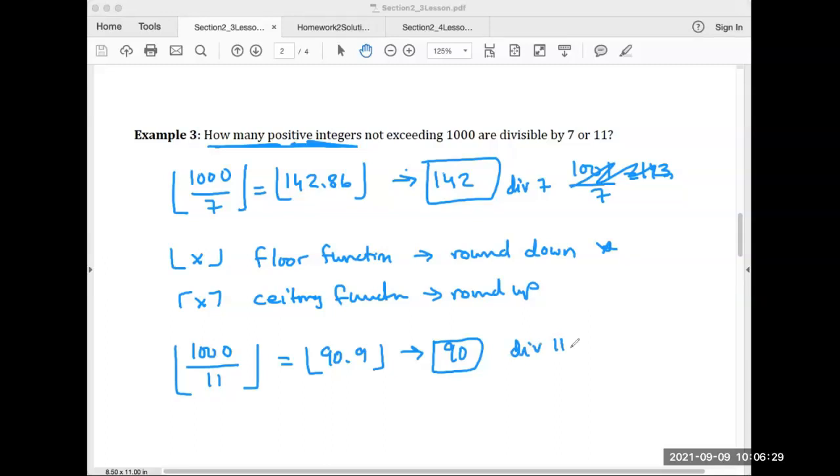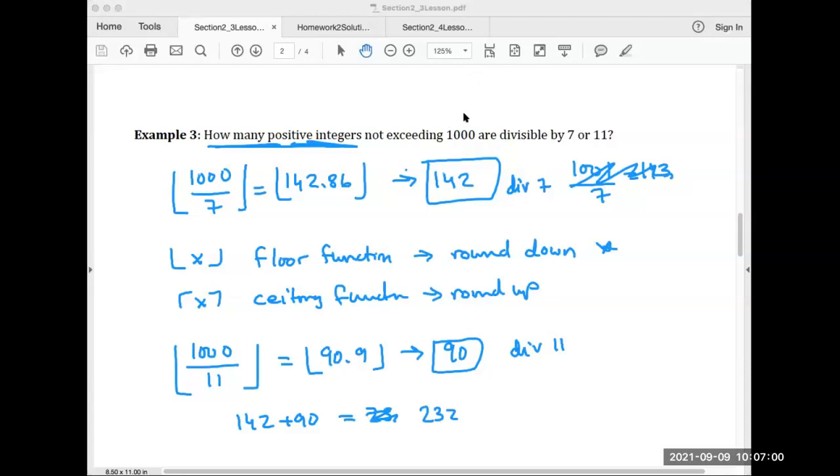Is that it? Do I just add them up? 142 plus 90 is 232. No, why not? What am I missing? The overlap, exactly, because a bunch of these are going to be divisible by both 7 and 11, right?